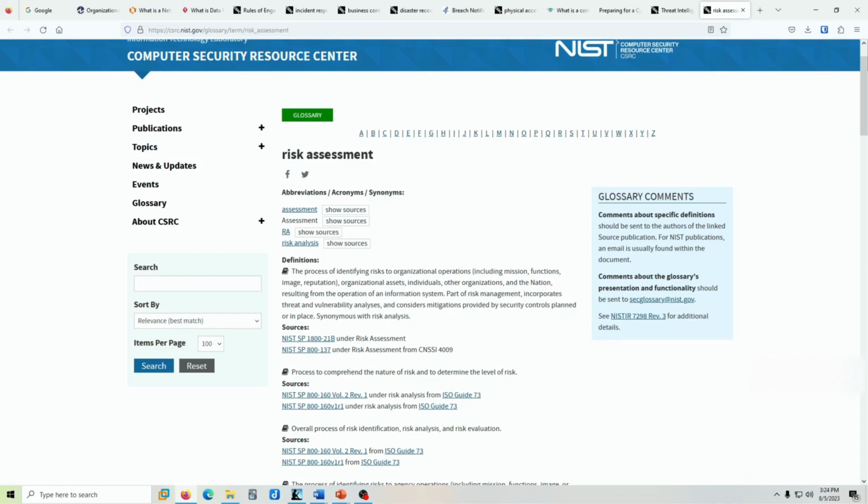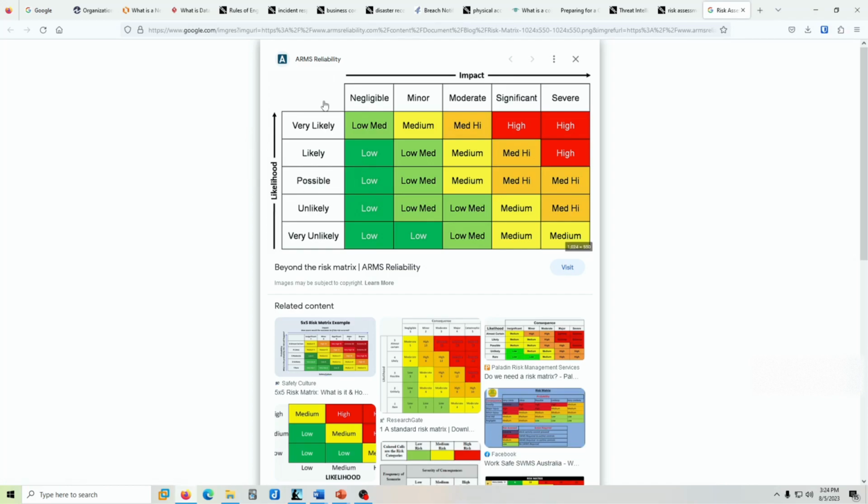So one way to put risk analysis in perspective, I've got an example here. This is a risk assessment matrix. So say you've got what vulnerabilities you have, what threats your organization faced, to the infrastructure. This is the likelihood of a threat being realized and the impact of said threat if it is realized.